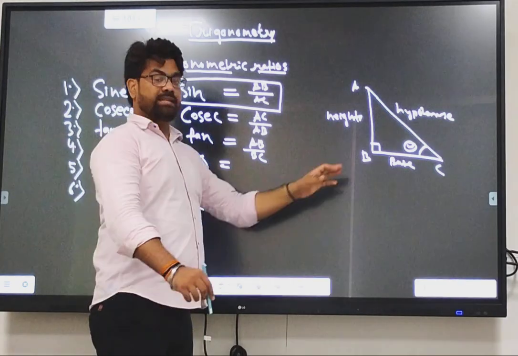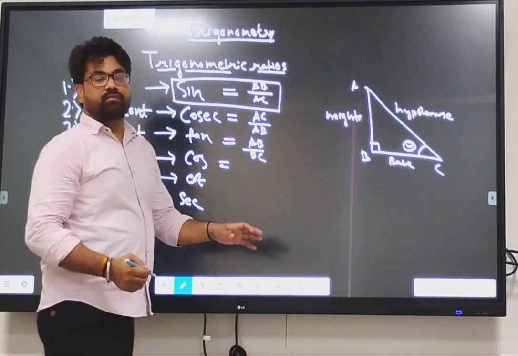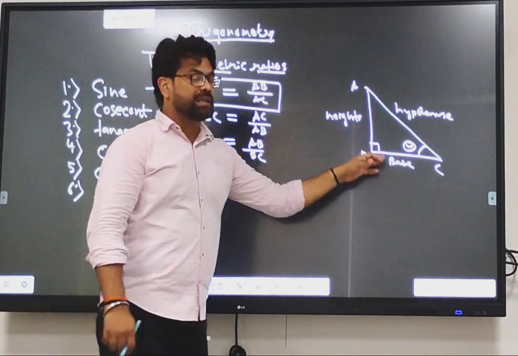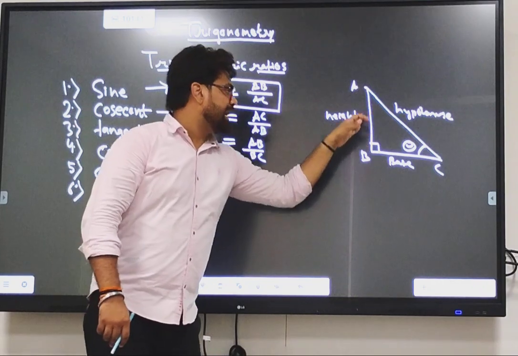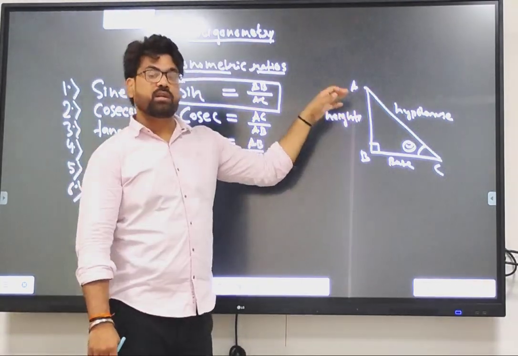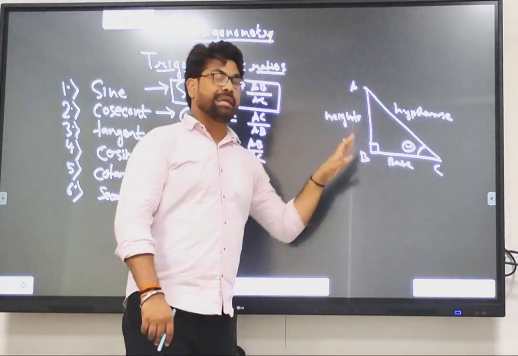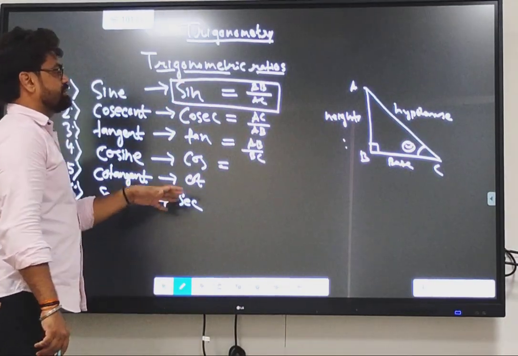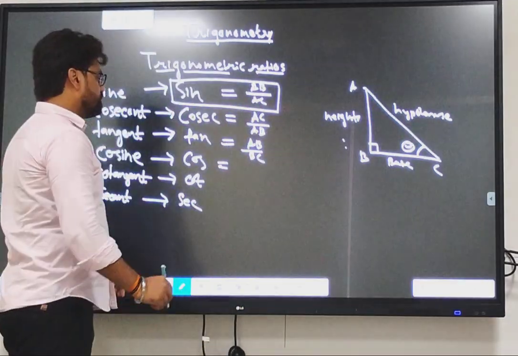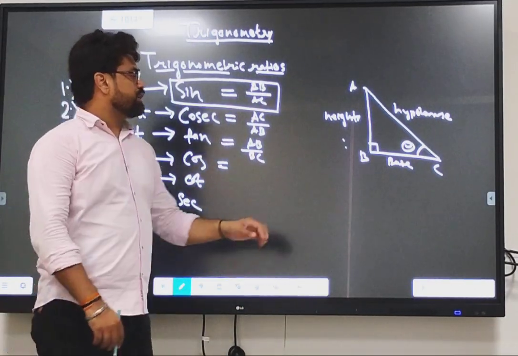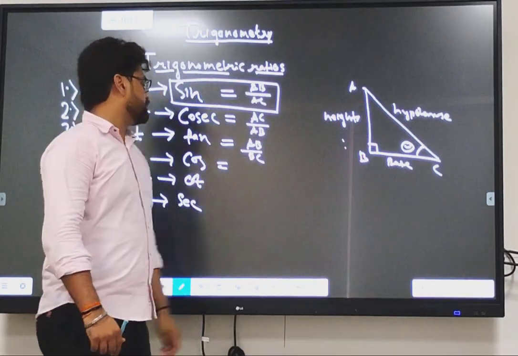But if I change the angle and take A as the reference angle, things will change. What is height here will now be base. So base, height and hypotenuse are relevant to this theta, and I am writing all these ratios with respect to angle theta. So tan is the ratio of height and base, that is AB upon BC.